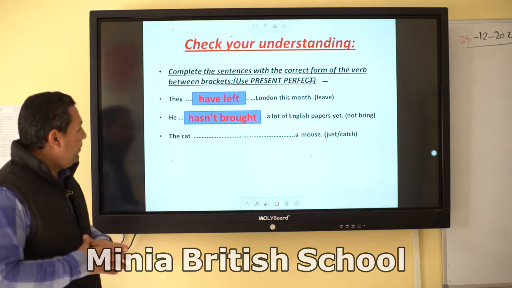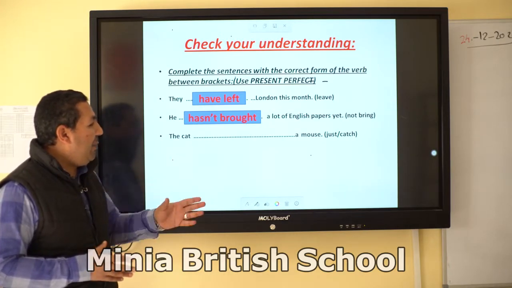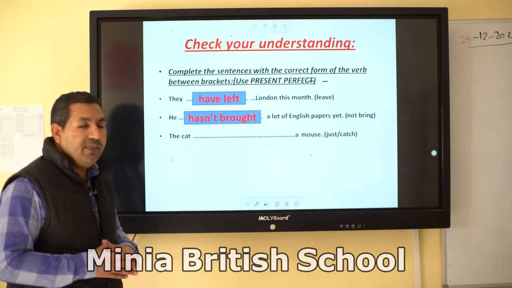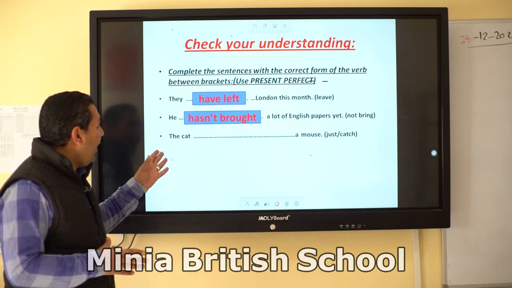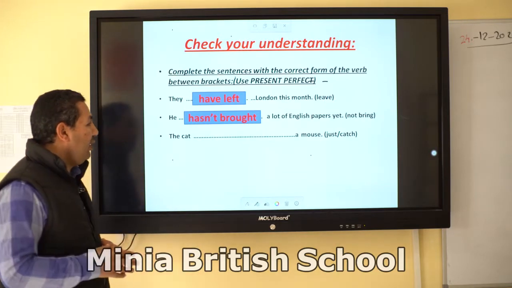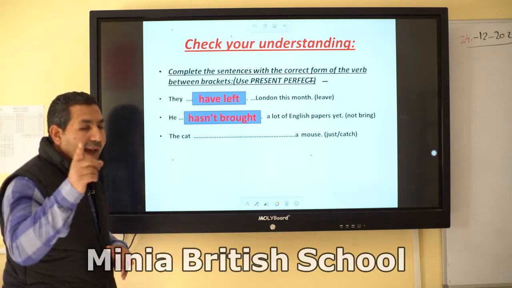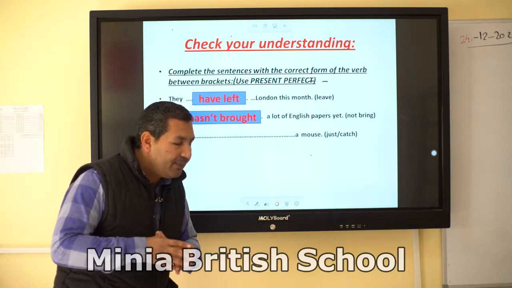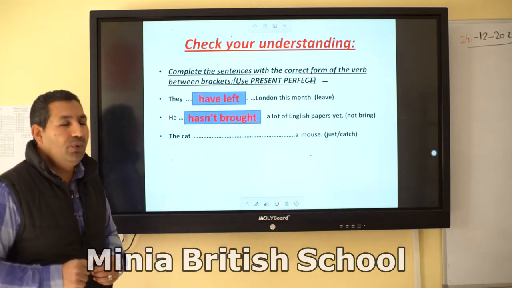The third one, the cat, space, a mouse. Use just and the verb catch. Is the cat singular or plural? Yes, singular. So we use has. And the past participle form of catch is caught.